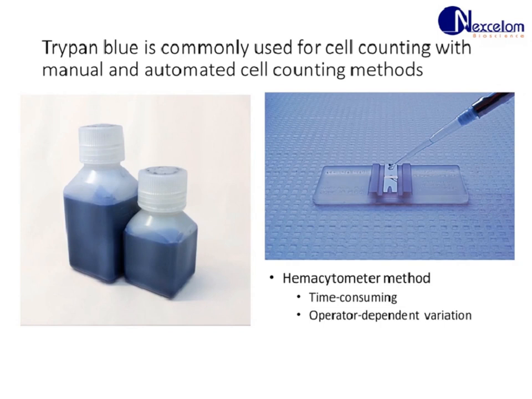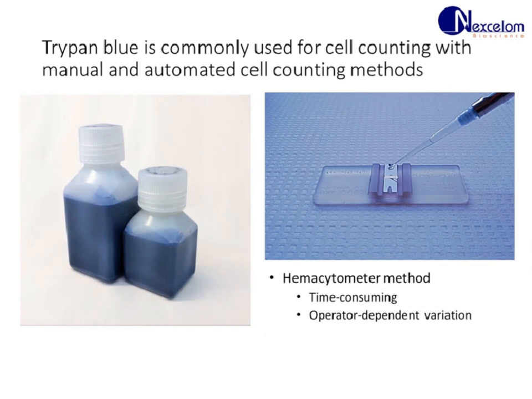In order to do cell counting and viability, the most traditional method currently is using Trypan blue and manually counting on a hemocytometer or automated cell counting methods. As we know, the hemocytometer method is very time consuming and has operator dependent variation.